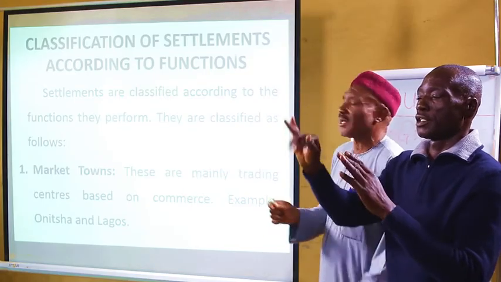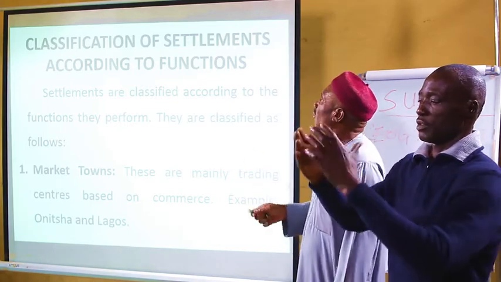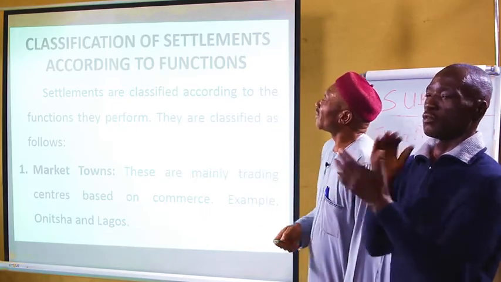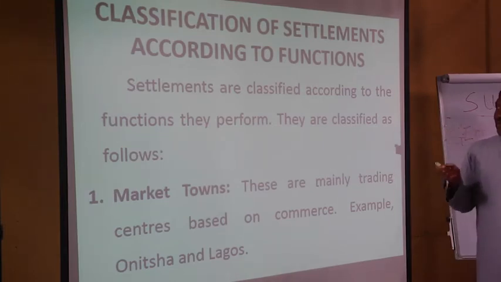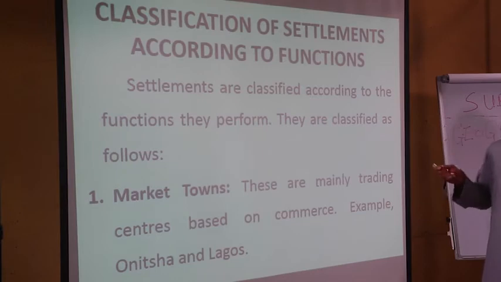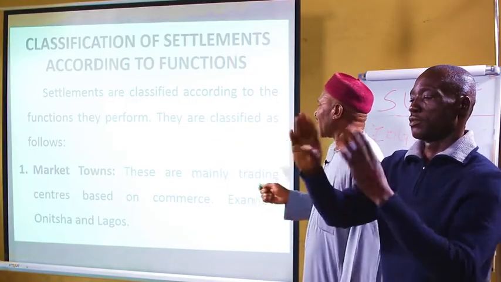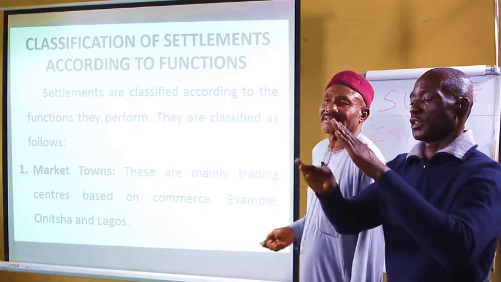Now, students, let's quickly look at the classification of settlements according to functions. Settlements are classified according to the functions they perform. They are classified as follows. Some settlements function as market towns. These are mainly trading centers based on commerce.